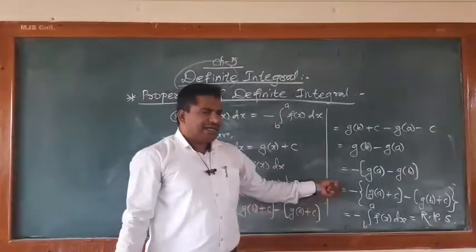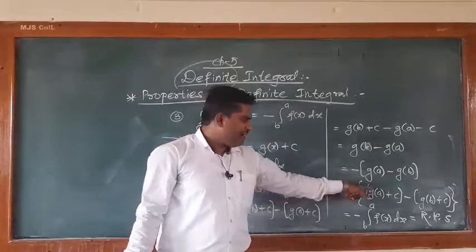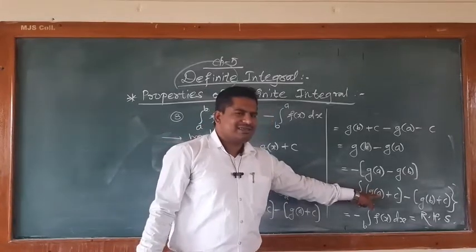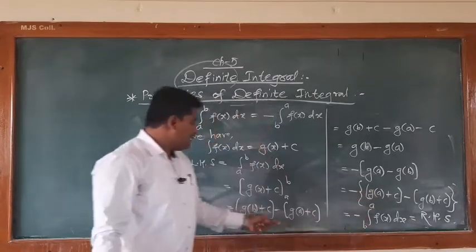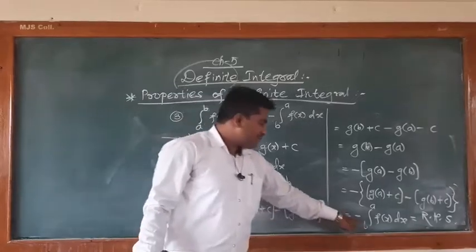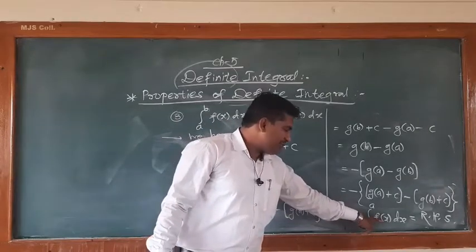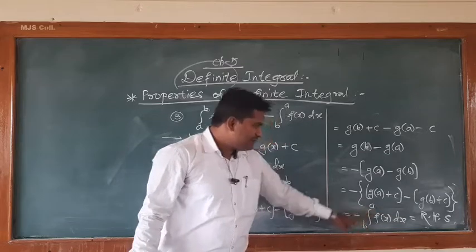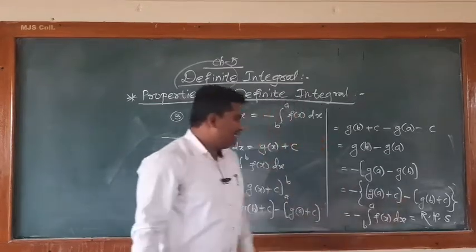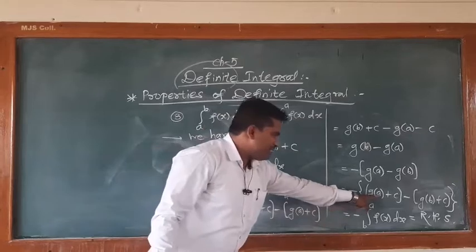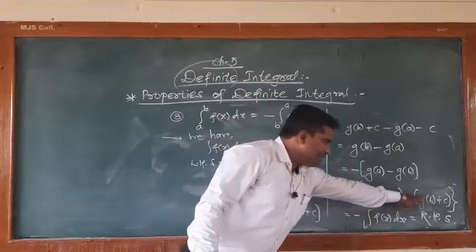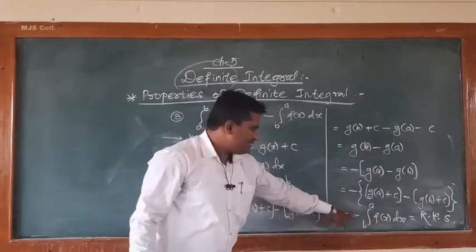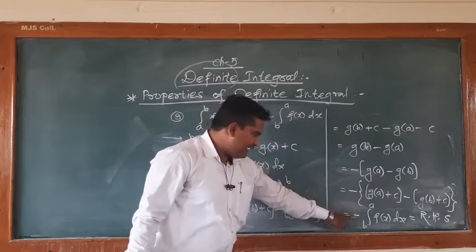We can take the adjustment of c, and after that, we know the property that the integration of f of x with respect to dx from b to a, because the upper bound is a and the lower bound is b, has a change in sign, that is a minus.